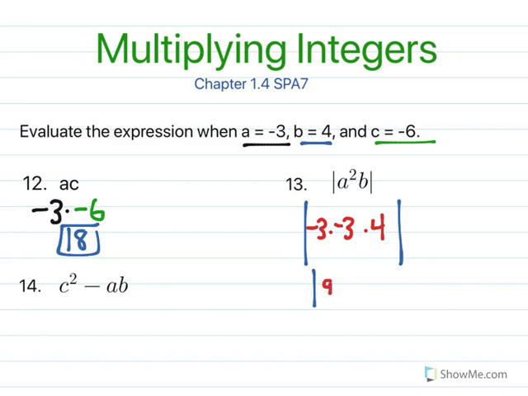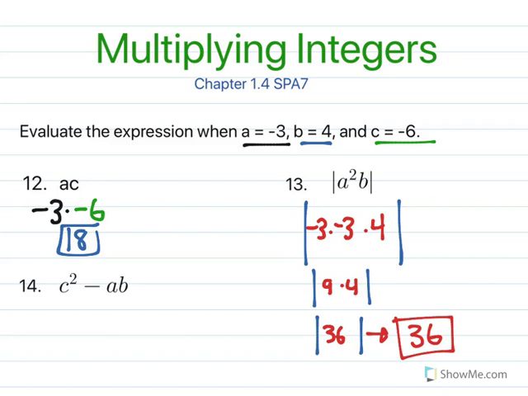Positive 9 times 4. And positive 9 times positive 4 gets us 36, which this absolute value of 36 is 36. Basically, the absolute value tells you how far a number is from 0. So 36 is 36 units away from 0.